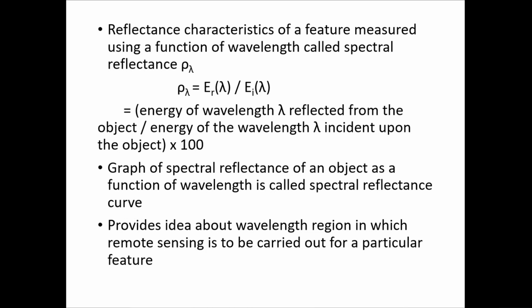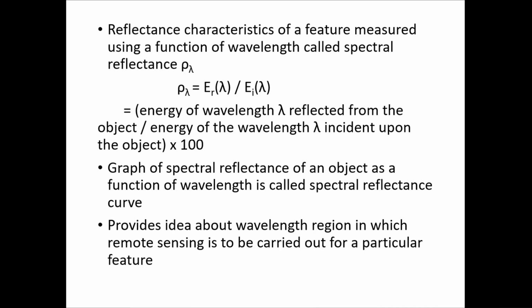Clear? Is that clear? So this spectral reflectance will be different for different objects at different wavelengths. Reflectance is different for different materials. Do you agree that the reflectance of a leaf is different from the reflectance of sand? Do you agree that? Yes, the reflectance of the same sand at shorter visible wavelengths and longer microwave wavelengths is different.